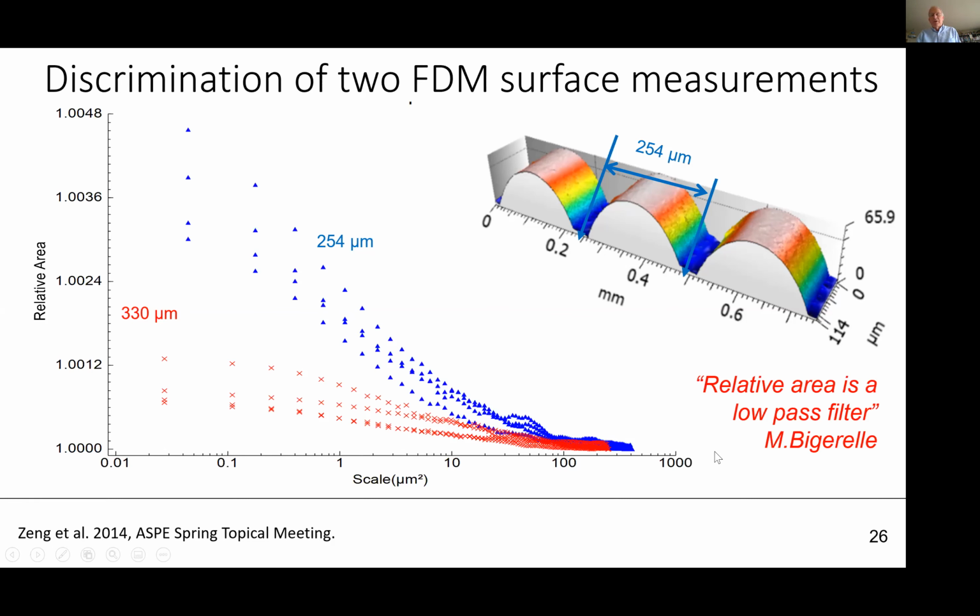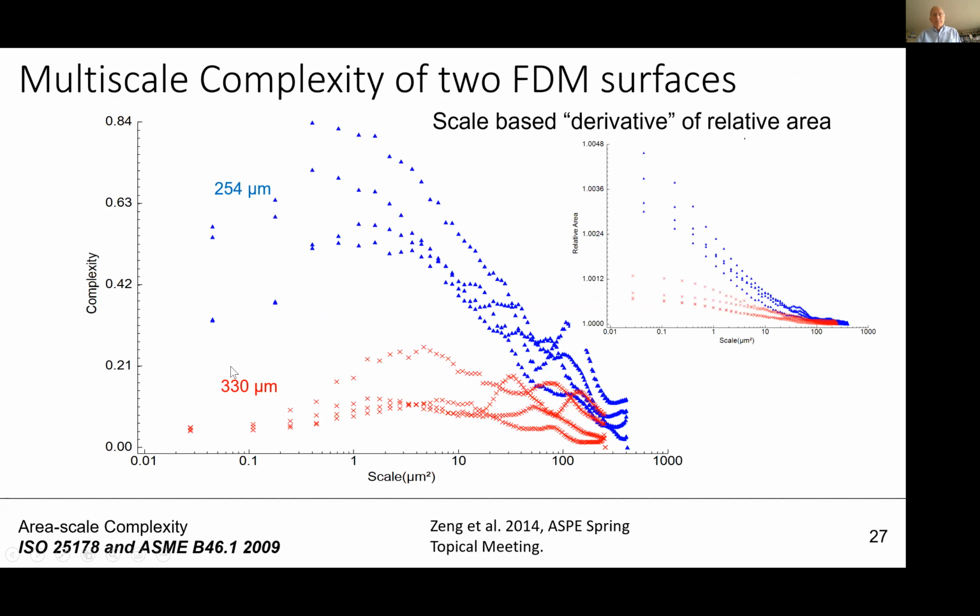Now, my friend Professor Bigarel from Valenciennes in France points out that this is essentially a low-pass filter. So if I have a large bump at a high scale, the increase in relative area from that stays with us all the way through to the finest scales. So here are the same two surfaces, and here we're looking at the complexity.